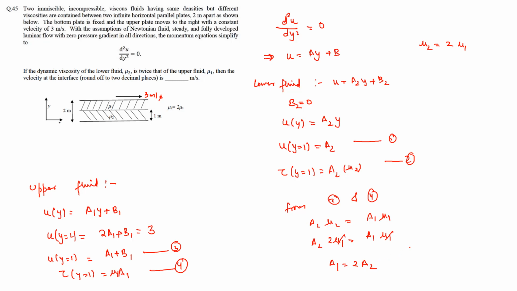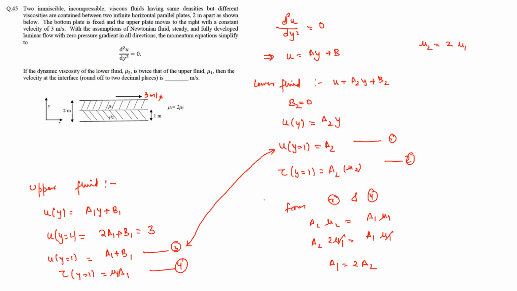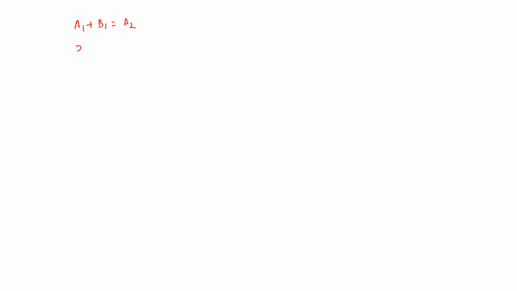Also the velocities at the interface will be equal, so these two have to be equated now. Basically a1 plus b1 is equal to a2, and a1 we have just found is equal to 2a2, so 2a2 plus b1 is equal to a2.